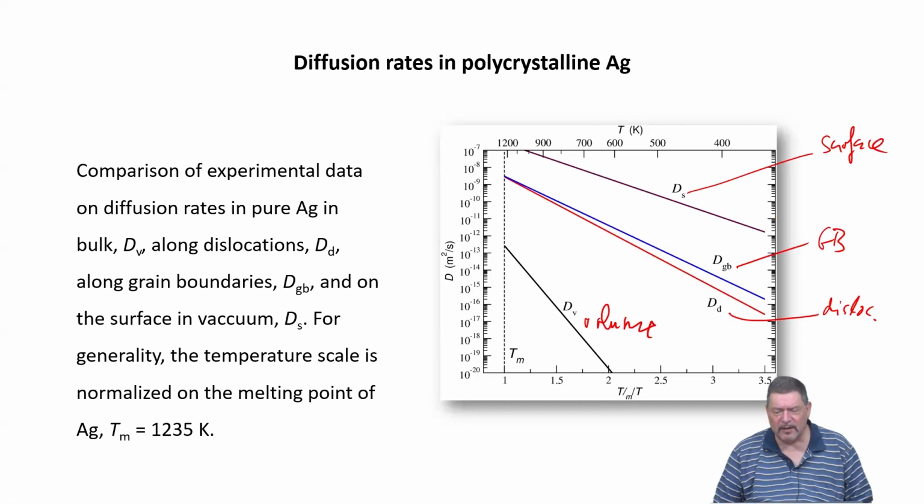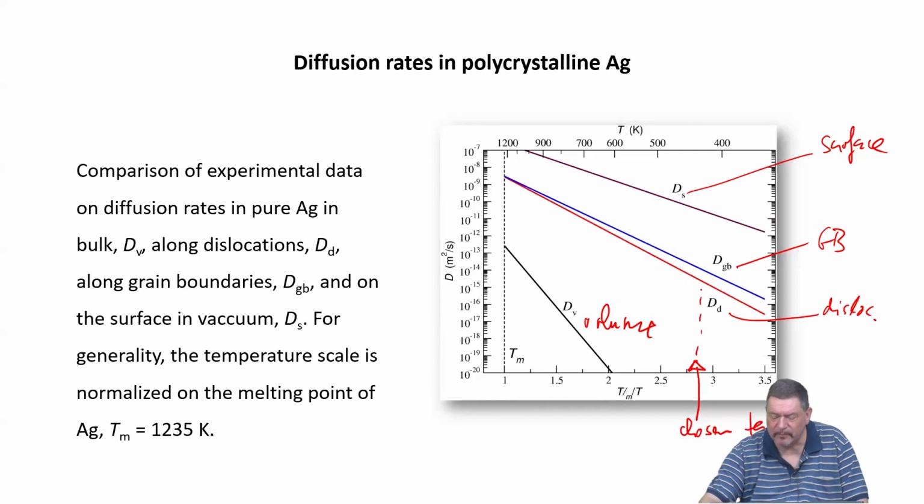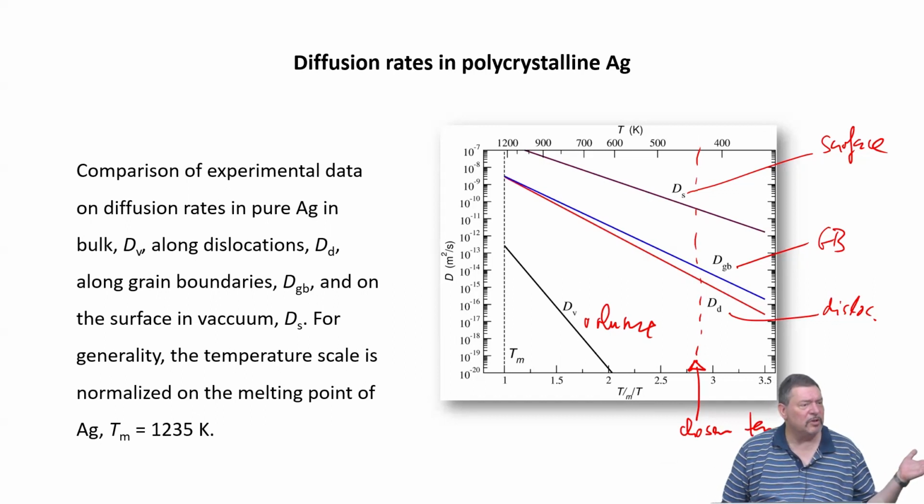So it means that if you now choose a specific temperature, let's say this temperature, for a given annealing time, you will not be able to measure volume diffusion.